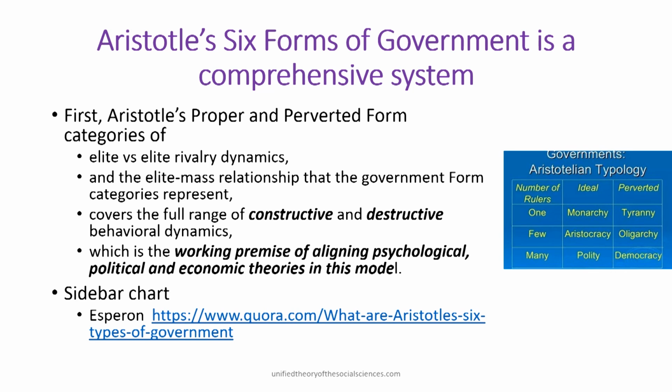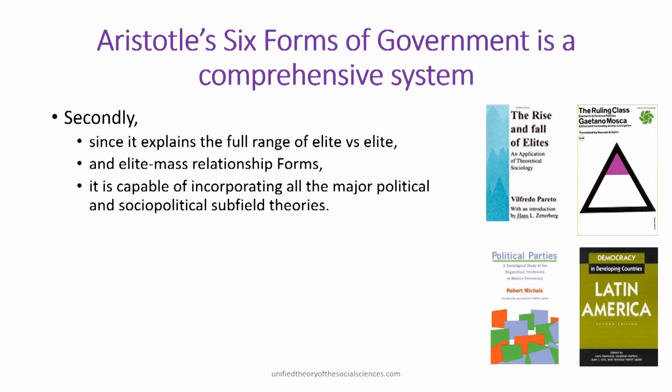First, Aristotle's six proper and perverted form categories of elite versus elite rivalry dynamics and elite-mass relationships that the government form categories represent cover the full range of constructive and destructive behavioral dynamics, which is the working premise of aligning psychological, political, and economic theories in this model.